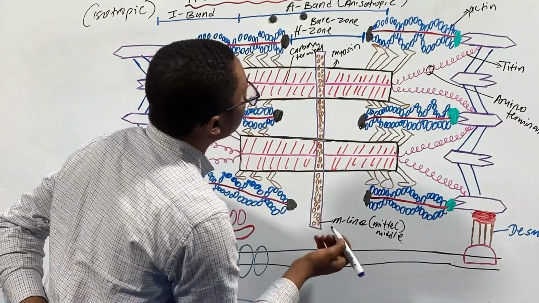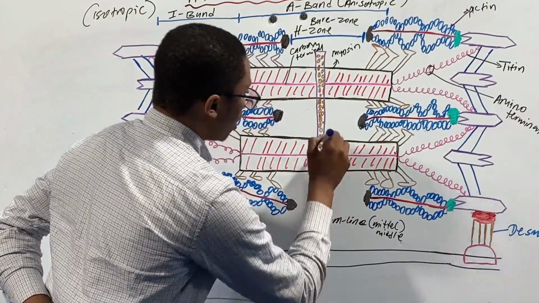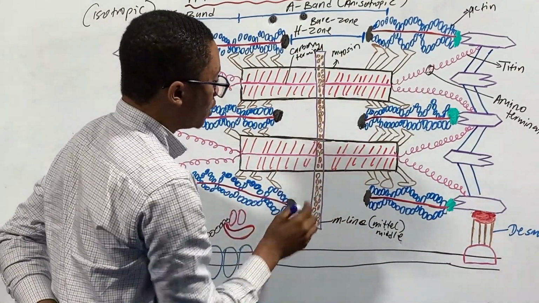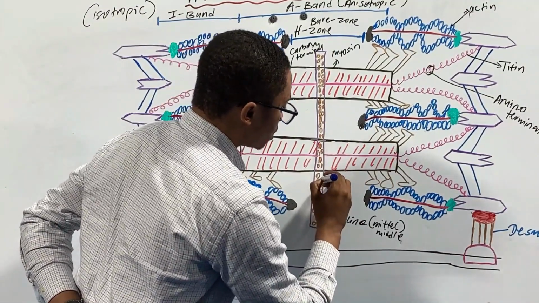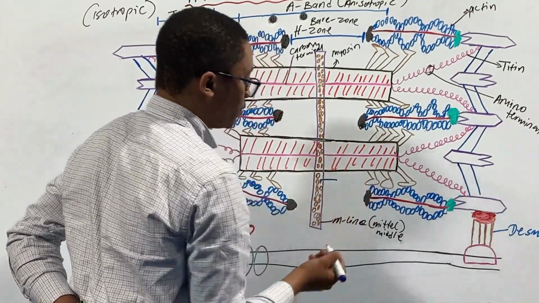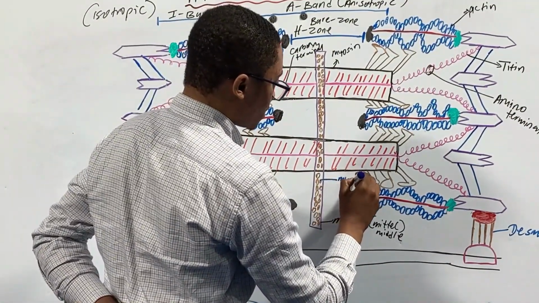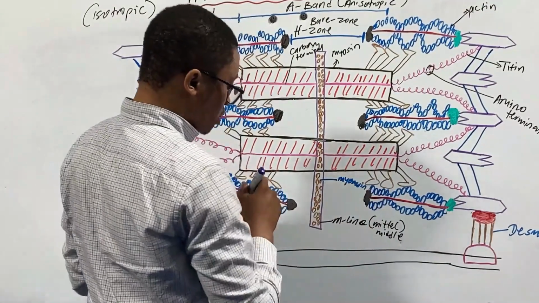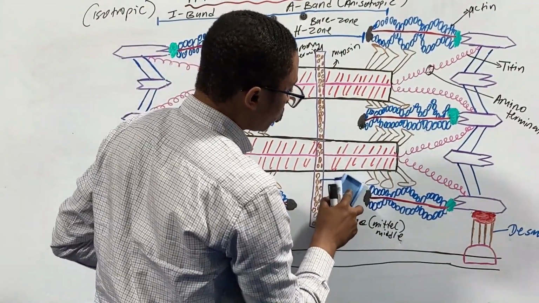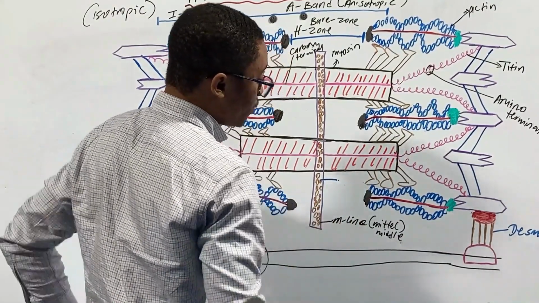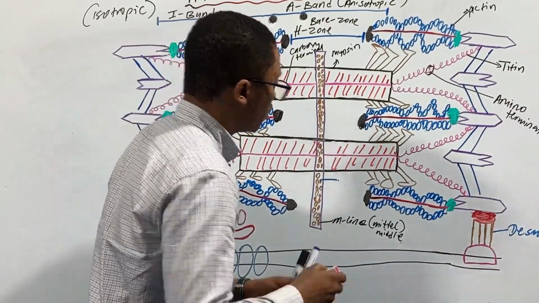So the M-line proteins, what will I name them now? These circular structures I drew in this brown color are known as the M-line proteins. I'm just going to name them here now. Let me use a different pen, maybe red, so that we can differentiate them very well.